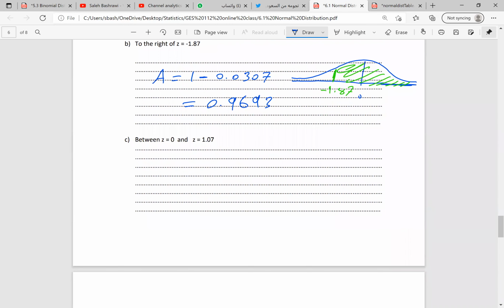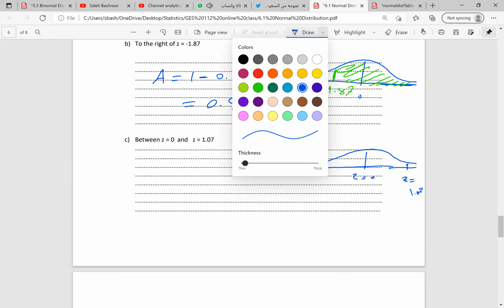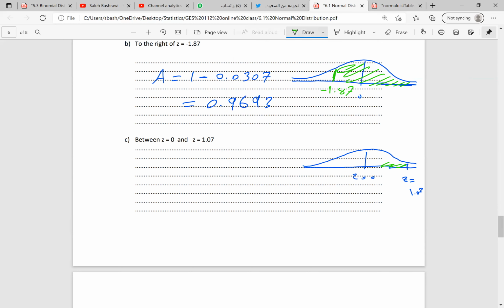So I have one more: between z equal to 0 and z equal to 1.07. So I have two areas here, and I need to find the difference between the larger one, A1, and A2.